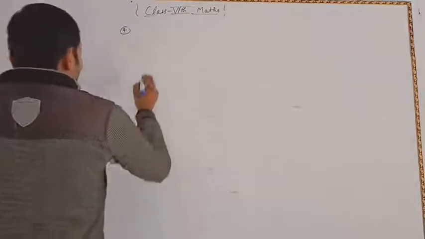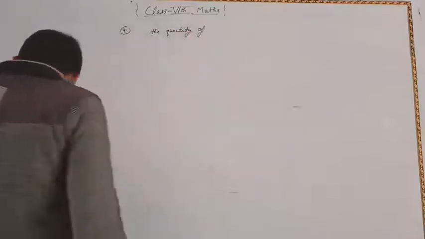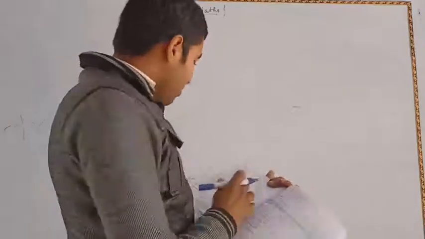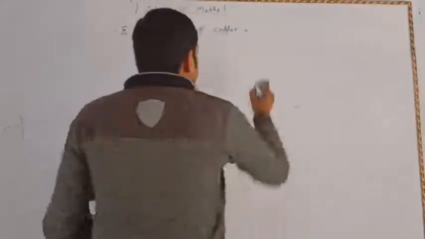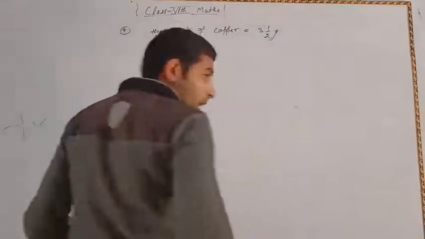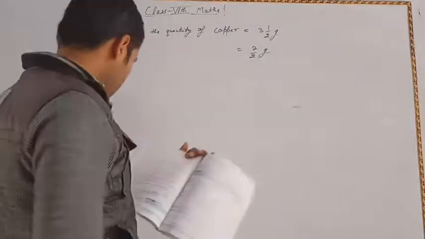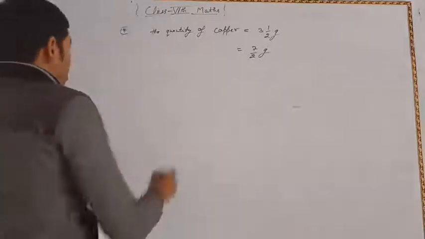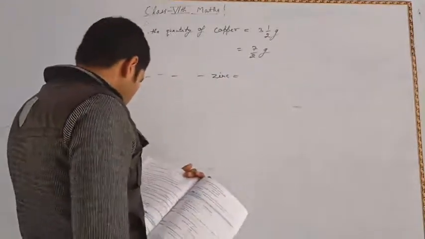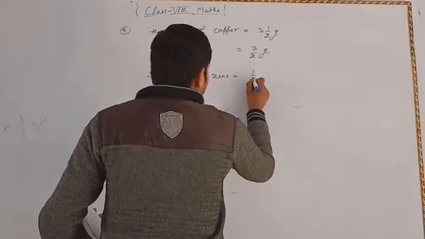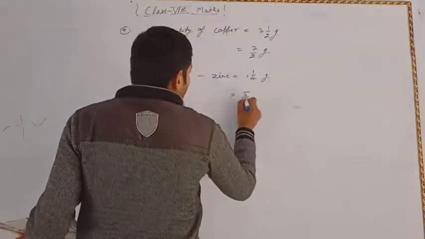So here it is given that the quantity of copper is equal to 3.5 grams, which is equal to 7 by 2 grams. Again, the quantity of zinc is equal to 1 and 1 by 4 grams, which is equal to 5 by 4 grams.